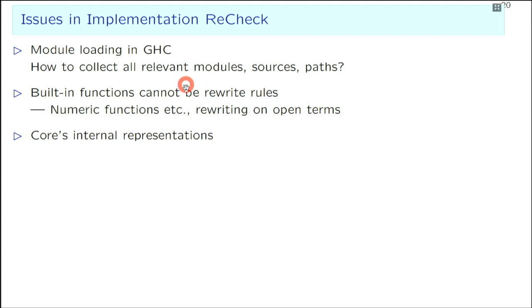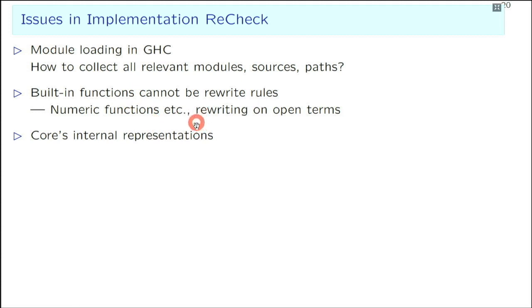And another is about the built-in functions. In this work, as I said, all programs must be translated to rewrite rules. But a built-in function doesn't have a definition, so we cannot translate this to rewrite rules.